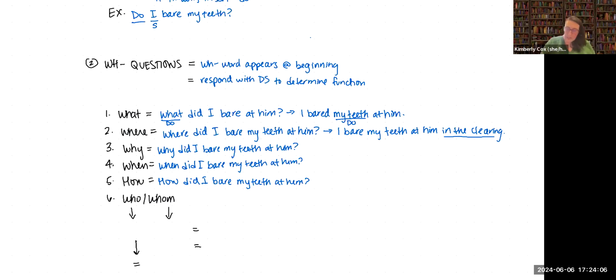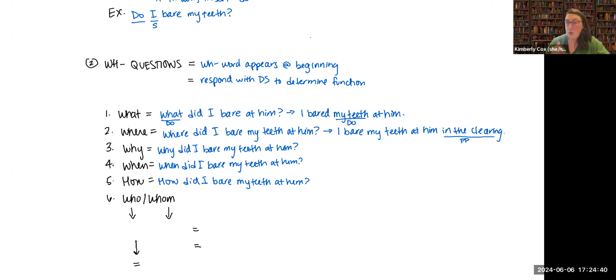This is a prepositional phrase, and it's going to function like an adverb, in this case an adverbial adjunct, because we can remove it. It's providing additional information. Why did I bare my teeth at him? I'm going to provide additional information. So the function of each of these WH words changes based on the type of declarative answer that we might get. That's what the "respond with a declarative sentence" is all about.